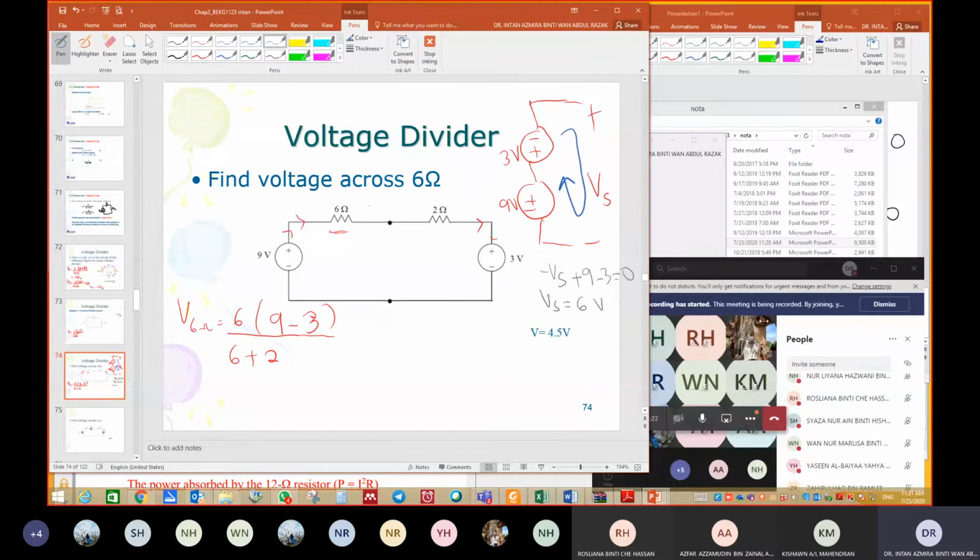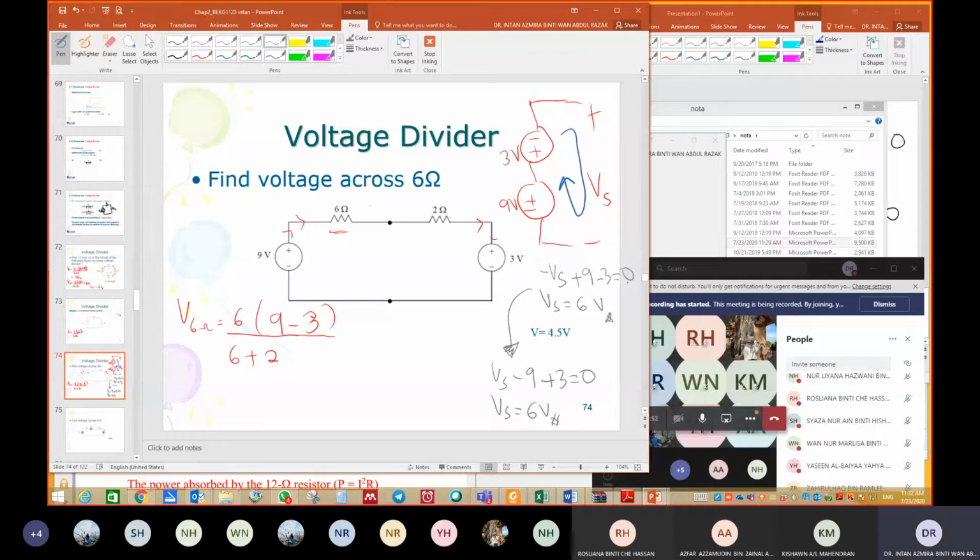Or you can use the first sign. It is positive Vs, and then minus 9, and then plus 3 equal to 0. Vs is equal to 6 volt. The same answer. Can you understand?